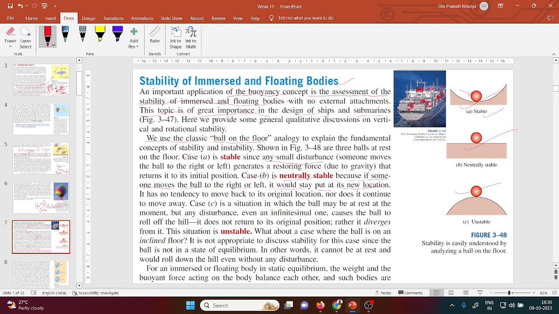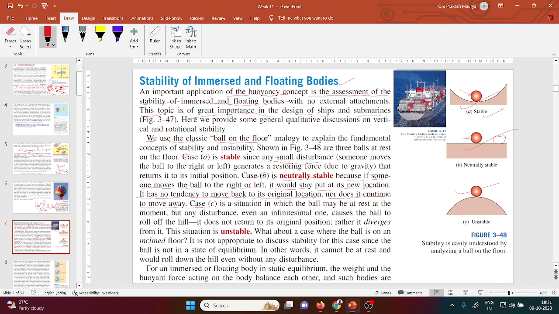It has no tendency to move back to its original location, nor does it continue to move away. So this is case B.